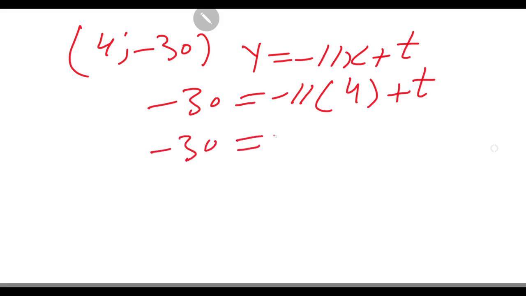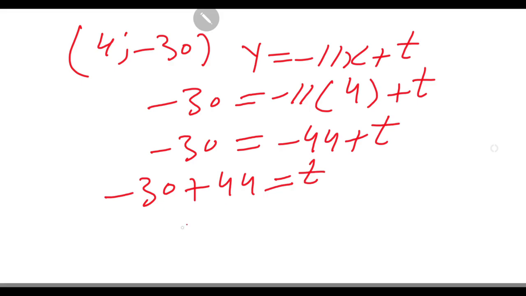Negative 30 is equal to negative 44 plus t, and this negative 44, I switch over this side, becomes positive 44, so t is equal to 14.